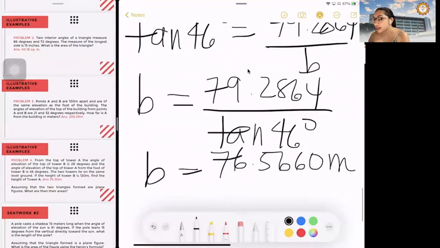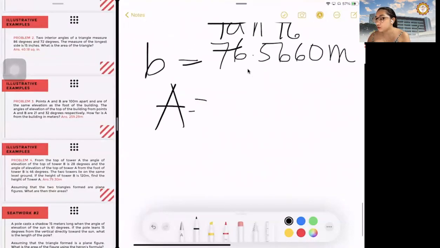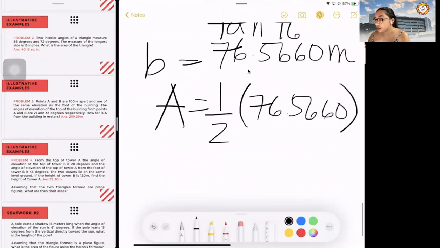Okay, going back to the formula for area. That's area is equal to 1/2 times 76.5660 times the height, which is 79.2864.